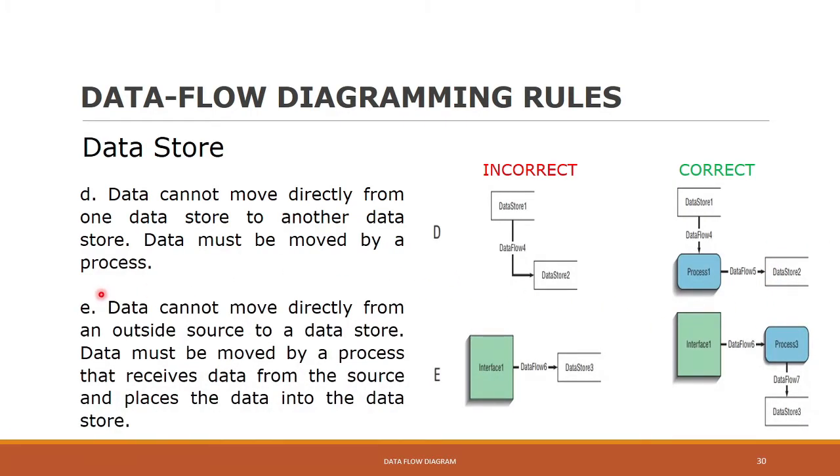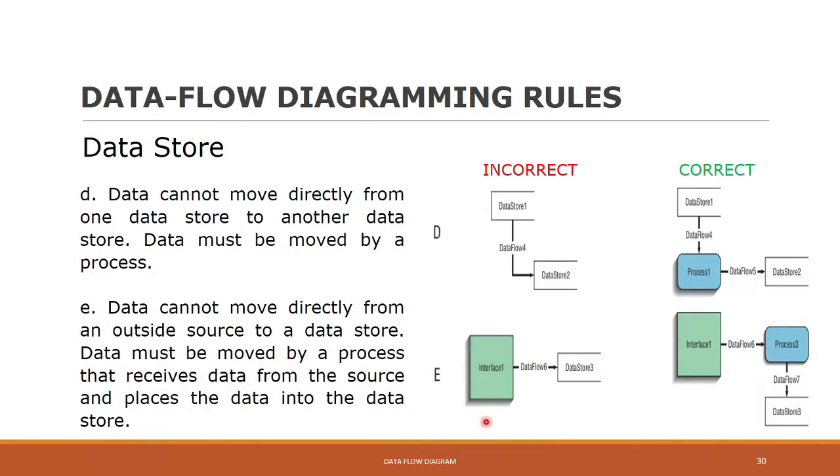Then the letter A under data store: data cannot move directly from an outside source to a data store. Data must be moved by a process that receives data from the source and places the data into the data store. Here's an example of an incorrect use of data store.